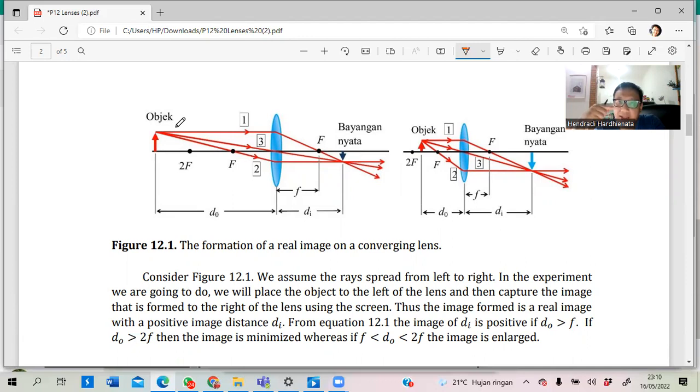In this case, we have an inverted image like this, and we call it a real image, not because it is inverted, but because, as I said before, it is formed by the direct rays that pass from the object through the lens. If we have a mirror here instead of the lens, then the image that is formed behind must be a virtual one, because the light will be reflected from the mirror.